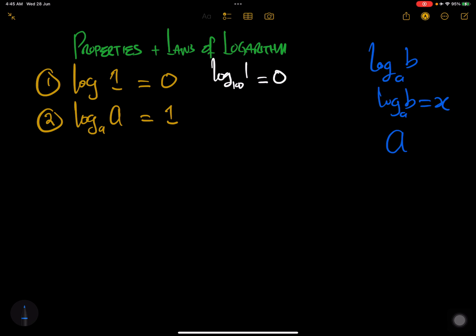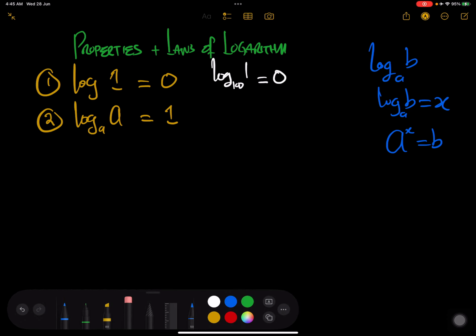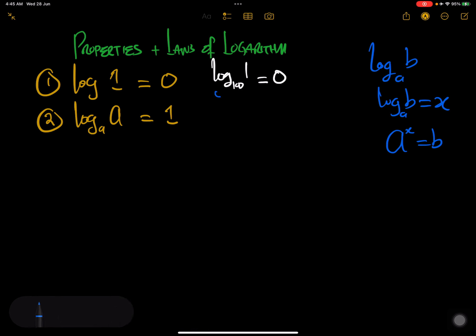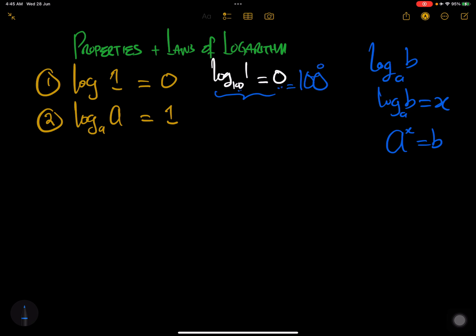And then we have to take the base to the power x is equal to b. Remember that's what we indicated. So we can apply this rule, the evaluation here. Because we have this, the 100 here will be the base to the power 0, and that is equal to 1.